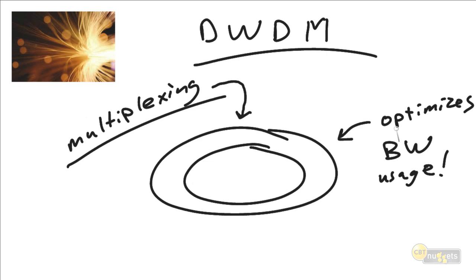Yes, this is used in SONET and SDH to really optimize the bandwidth usage of that technology. So when you hear dense wavelength division multiplexing, just realize it's a way to improve the utilization of data signals on that optical fiber.